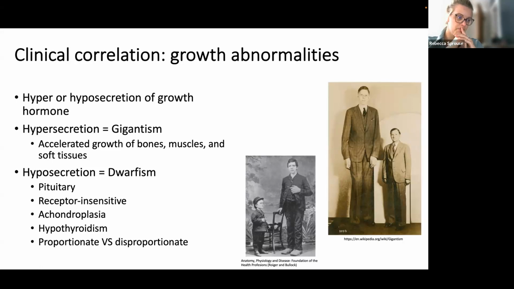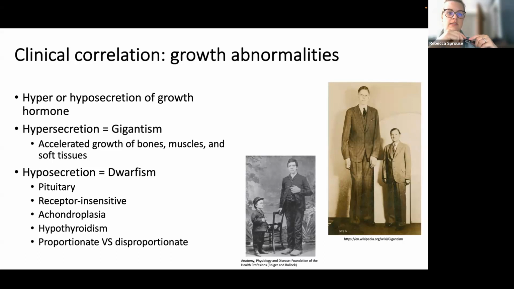There's also something called achondroplasia, which is a deficiency in bone growth in dwarfism folks. Hypothyroidism has something to do with metabolism and growth as well. And the two different types of dwarfism are proportionate and disproportionate.